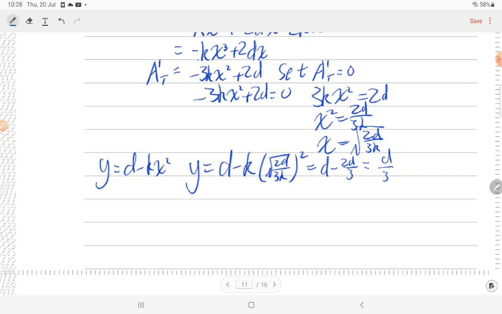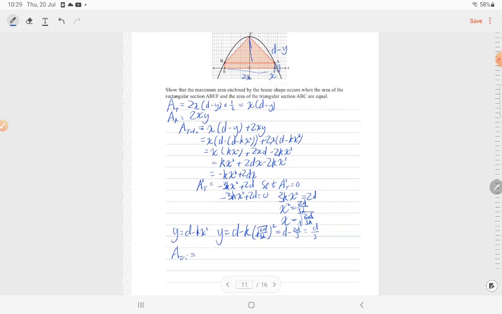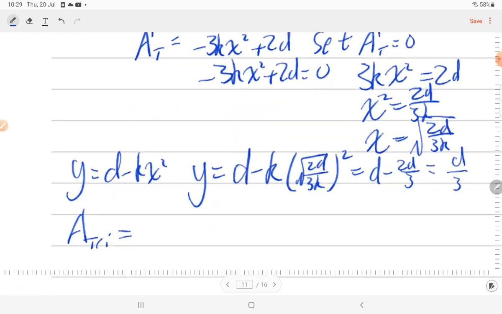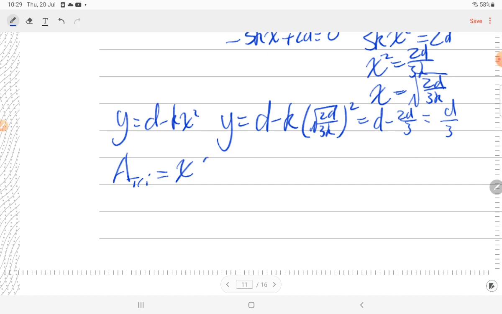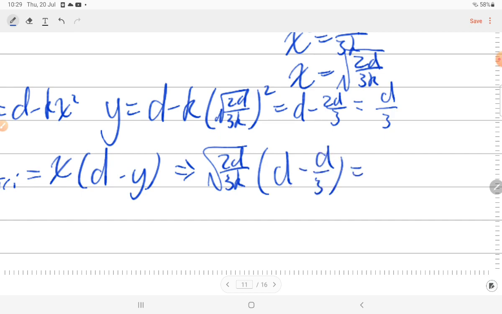So area of triangle is equal to x times d take away y. This is square root of 2d over 3k times d take away d over 3. Just d take away d over 3 is just 2d over 3, times square root of 2d over 3k.